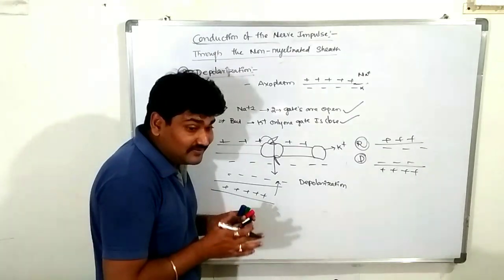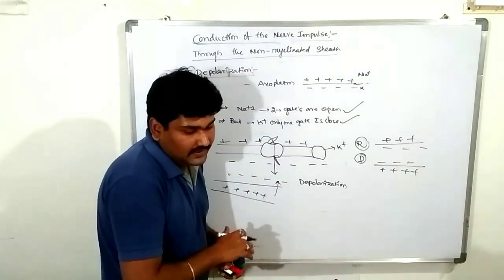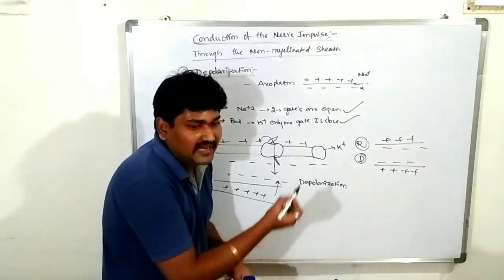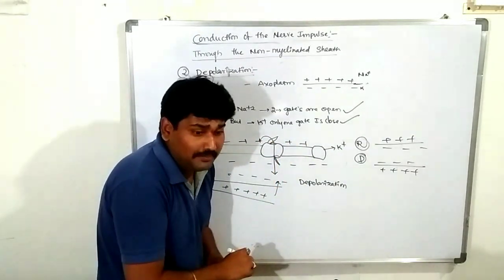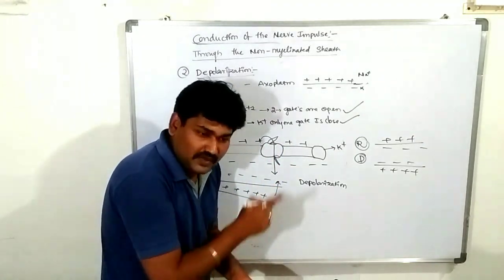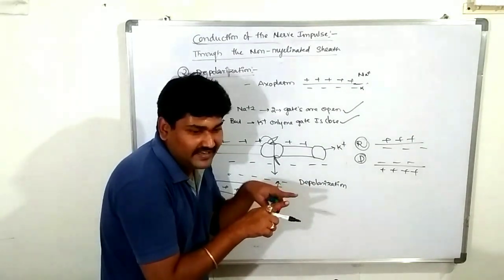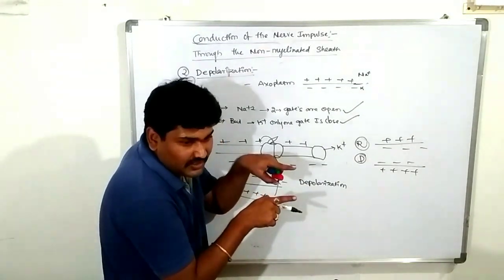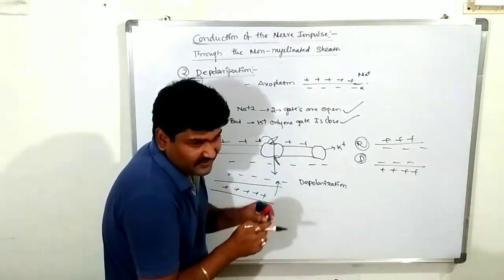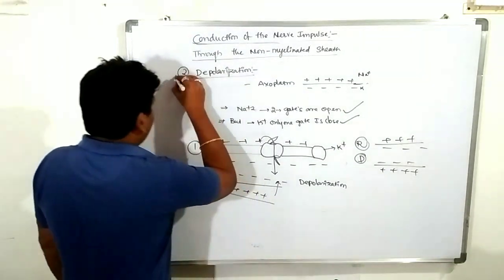The huge amount of sodium is in the axoplasm region, the potassium gate opens, and the potassium ions come out on the surface of the axolemma. So the inner surface contains more sodium and the outer surface contains sufficient potassium. The potassium is located in the outer surface and the sodium in the inner surface, so the polars become exchanged. That is called depolarization.